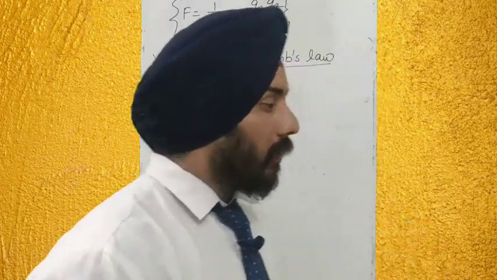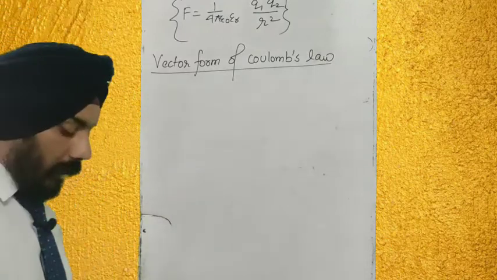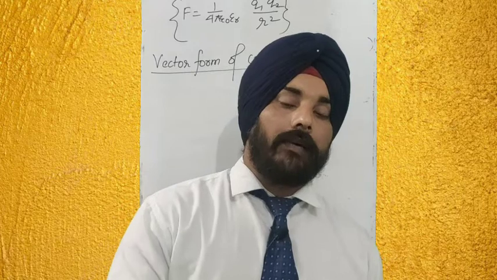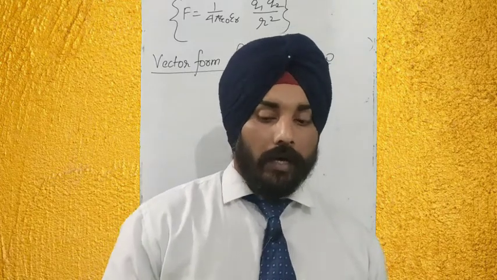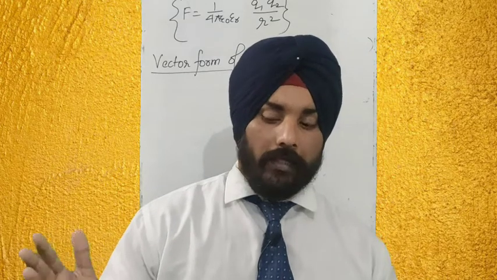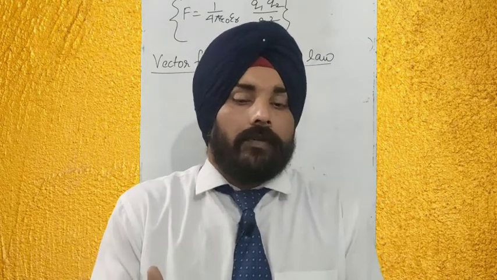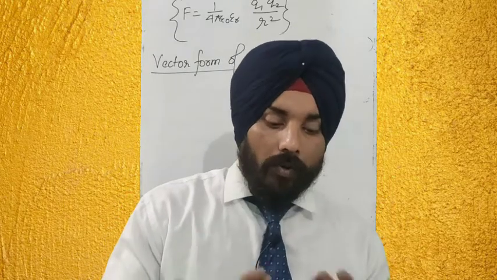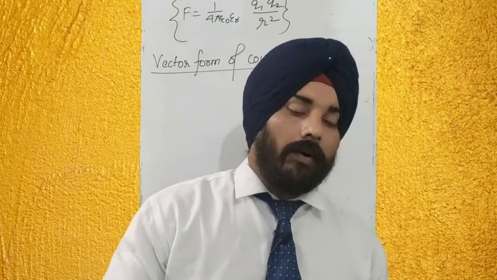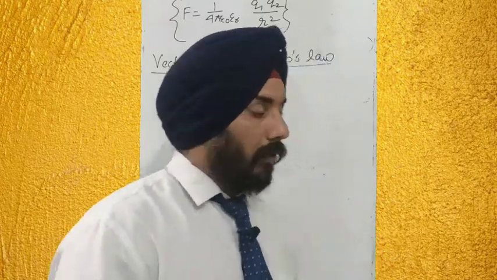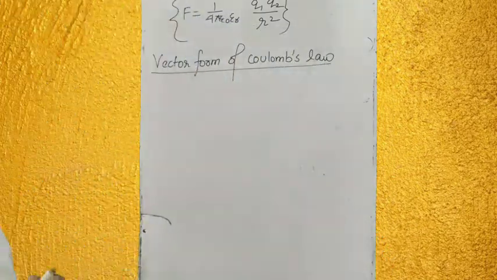So force is a vector quantity, and to represent the direction of force we are going to write the vector form of Coulomb's law. I told you that whether the force will be attractive or repulsive depends upon the sign of charges. So how do we write the vector form of Coulomb's law, how do we represent the direction of the force? That's the question now.